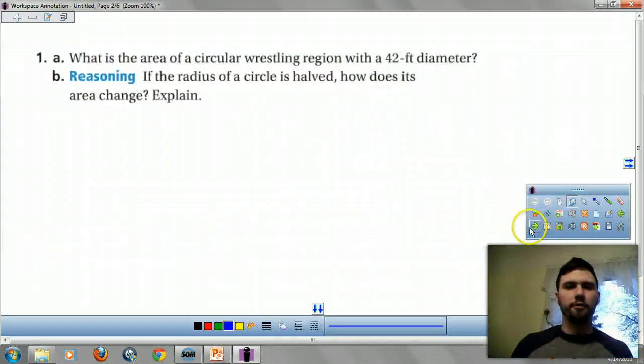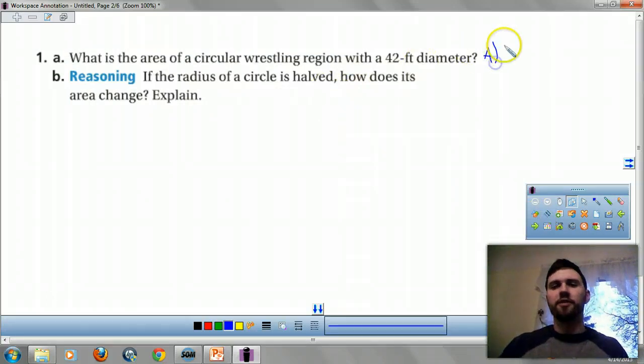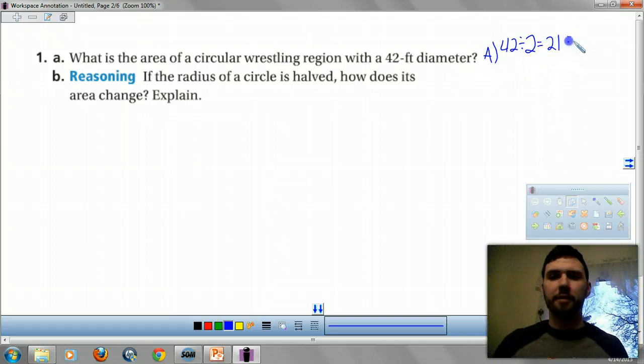So you have a circular wrestling region with 42-foot diameter. Find the area. First, I have to get in terms of radius, so you divide it by 2. So that's my radius.